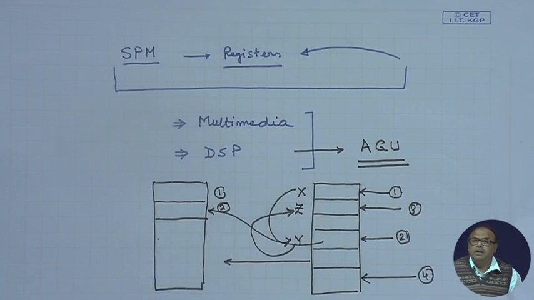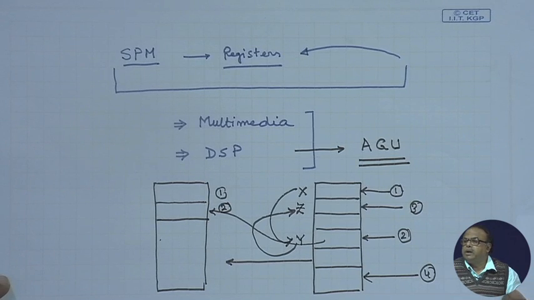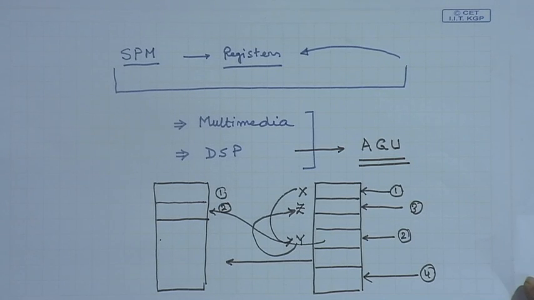Then I could maximize the auto increment and auto decrement operations, that is, maximize the number of accesses using the auto increment, auto decrement method. So, that is our objective of finding an optimized memory layout.